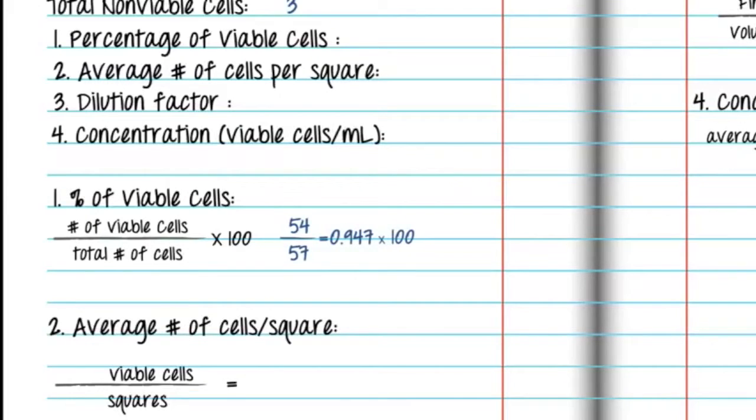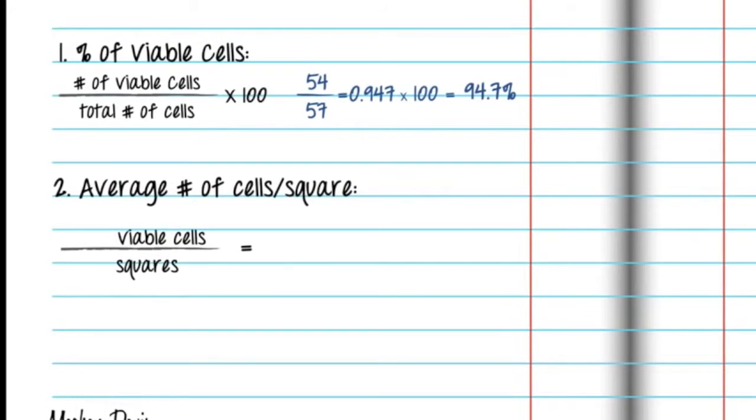Multiply by 100 and the percentage of viable cells is 94.7%. Next, let's determine the average number of cells per square. We counted 54 viable cells. We divide 54 by 5 because we counted in 5 squares. The average number of cells per square is 10.8 cells.